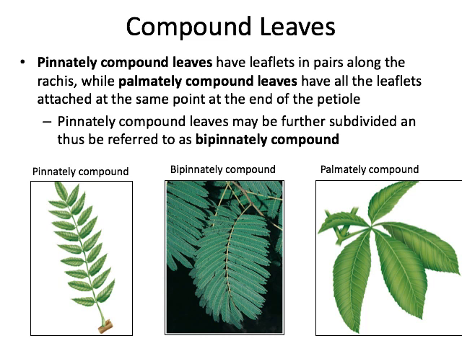On the other hand, palmately compound leaves have all of the leaflets attached at one central point, usually at the end of the petiole. Now, pinnately compound leaves may actually be further subdivided and then be referred to as bipinnately compound. In fact, it even goes further than that. There are some species that are tripinnately compound as well.